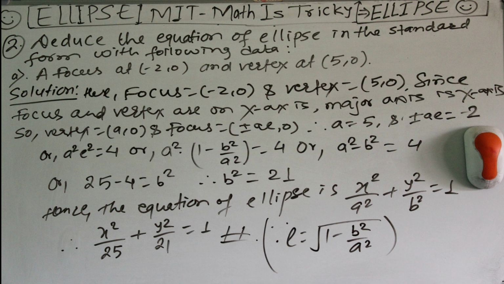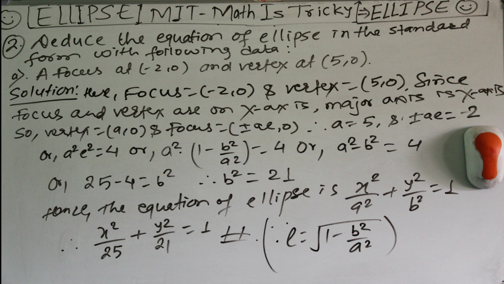By equating we'll get a square e square equals 4. Now put the value of e square, that means 1 minus b square by a square. So take LCM, so that a square will be cancelled, and a square minus b square equals 4, and then we have the value of a. A square will be 25, because a is 5. From that we will get b square equals 21.